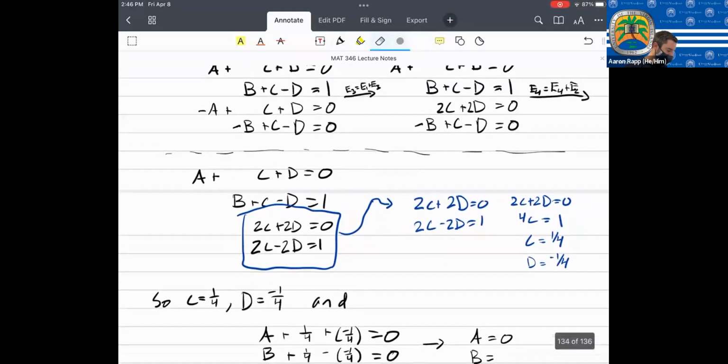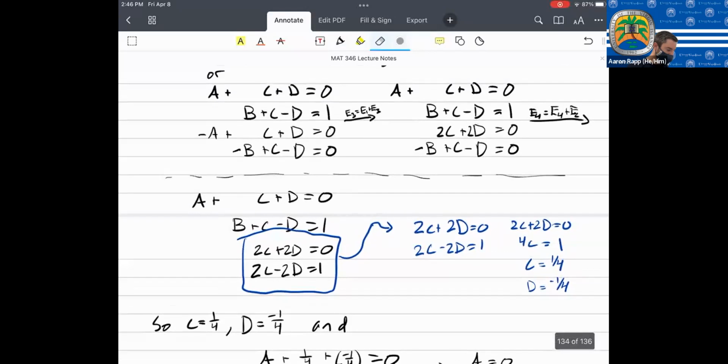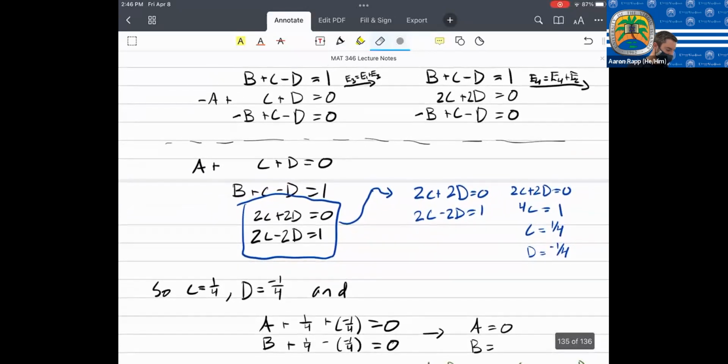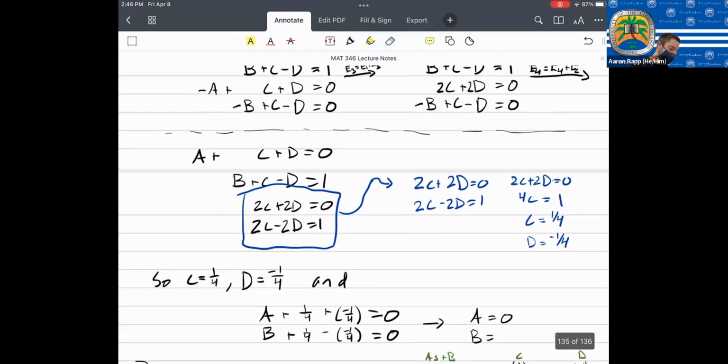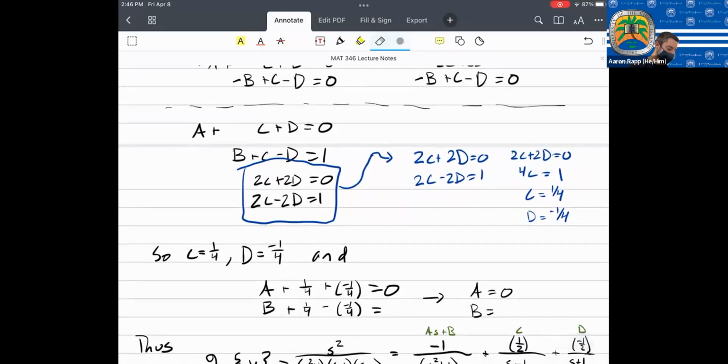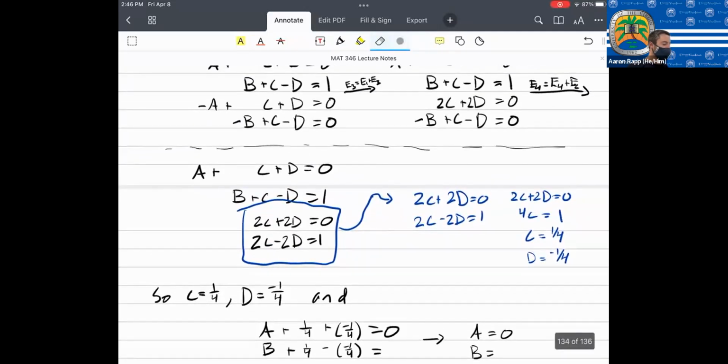I think, did I copy that wrong? B plus C minus D. Yeah, because that's got to be equal to, not 0. That second equation is not equal to 0. It's equal to what? To 1. So I have B plus a half has got to be equal to 1, which means B is equal to 1/2.